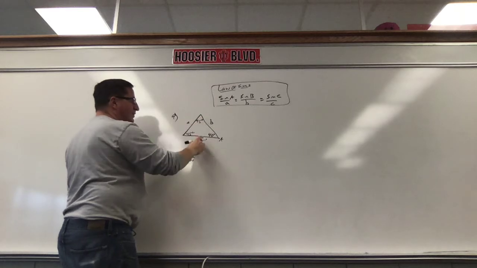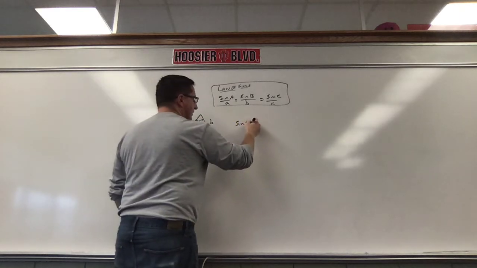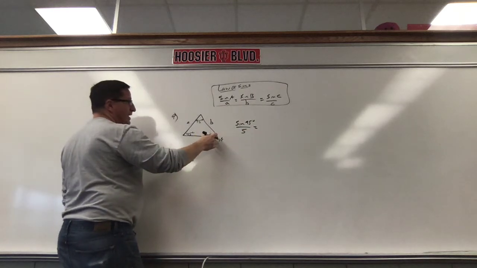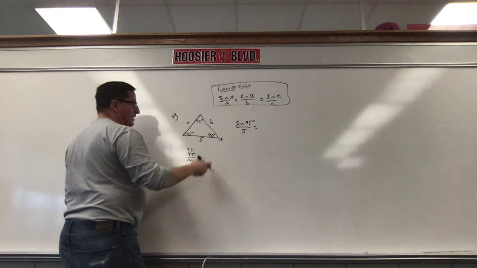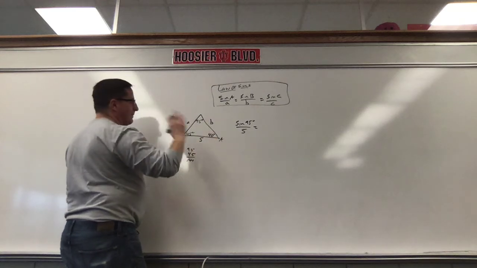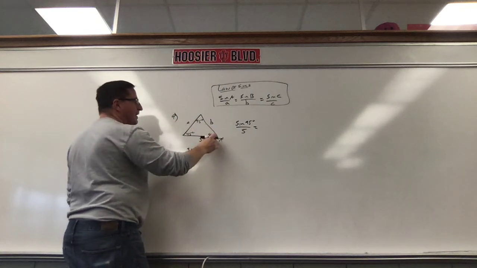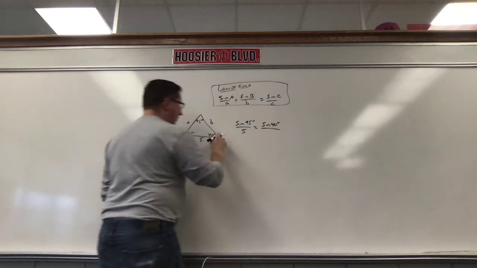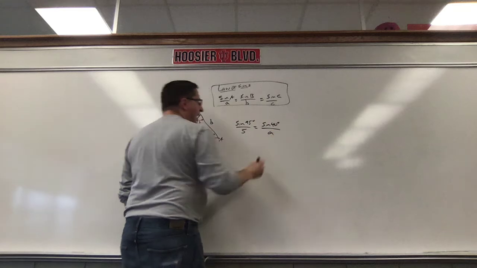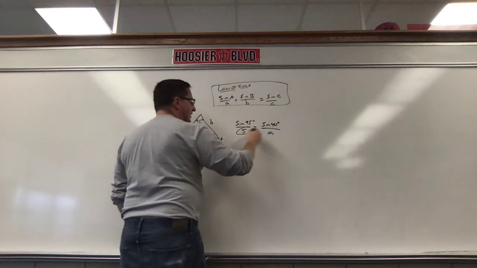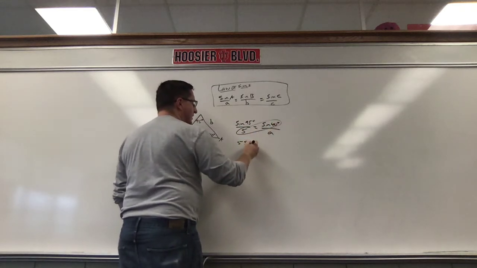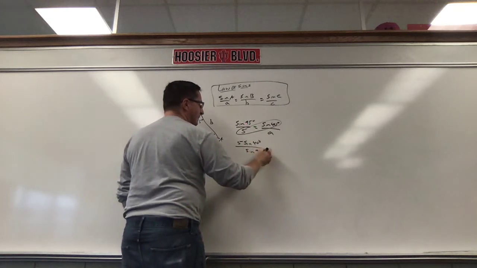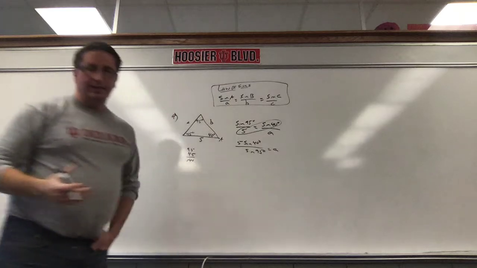The sine of 95 degrees over 5 equals, I'm going to find little a next, so the sine of 40 degrees over little a. And then we cross multiply and divide. We take 5 times the sine of 40, and then divide by the sine of 95 degrees. That equals little a.